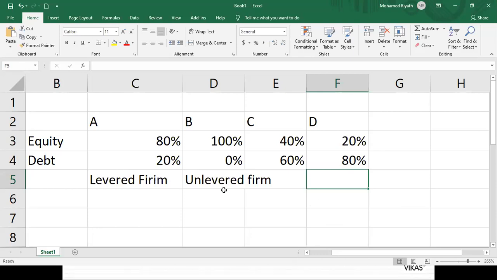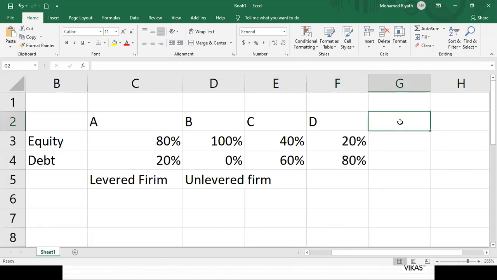It's a levered firm, right? And when we compare company C and D, which company is the highly levered firm, C or D? Company D, because it has more debt capital.